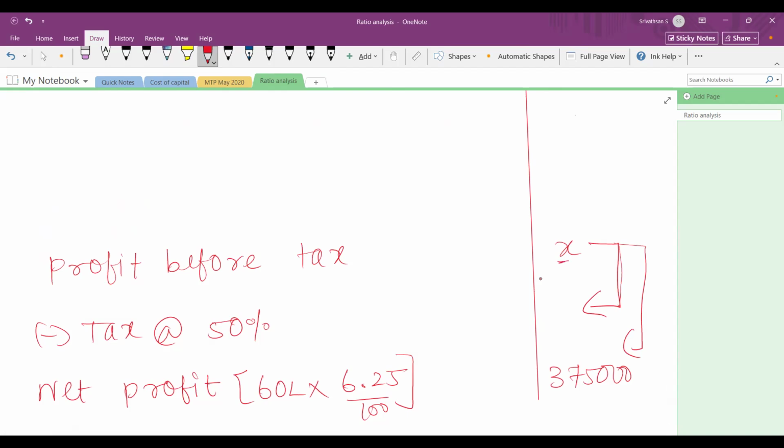So what should be the profit before tax then? 3,75,000 divided by 50%. How much do we get? 7,50,000. So 7,50,000 is profit before tax, on which 50% is gone for tax and the remaining 50% is profit after tax. Is this clear to everyone? Any doubt in this?